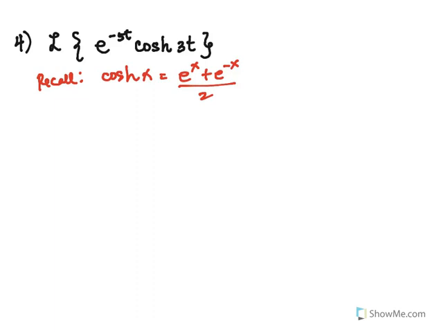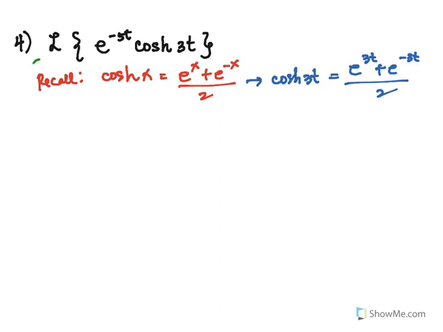Therefore, cos of 3t, I can write as e to the 3t plus e to the negative 3t over 2. So we can replace the given by its equivalent definition as an exponential function.